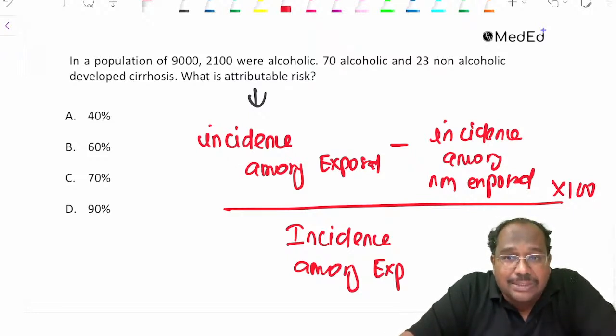It comes in percentage. So what does attributable risk say? Attributable risk says how much percentage of disease is attributed to the exposure.